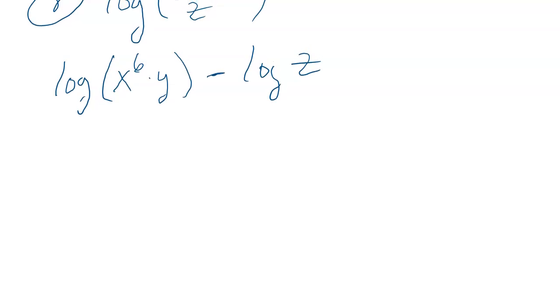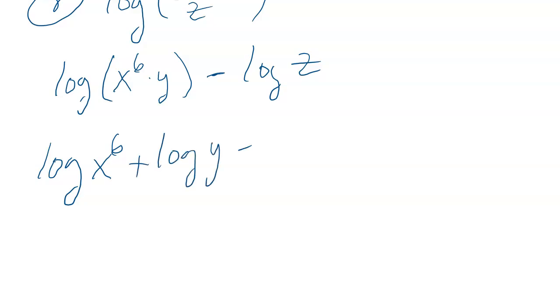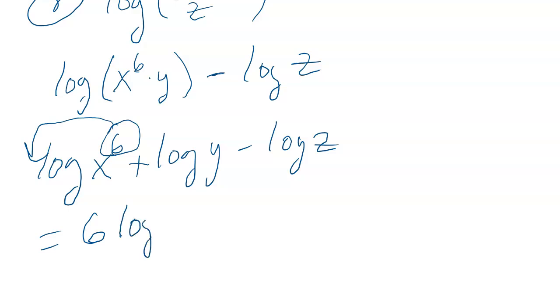And then I'm going to write this as a sum: log of x to the 6 plus log of y minus log of z. For whatever reason, when we talk about expanding logs, they always want the coefficients in front when you can. So this is 6 log of x plus log of y minus log of z, the full expansion.